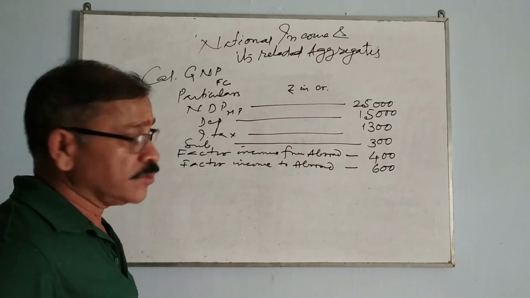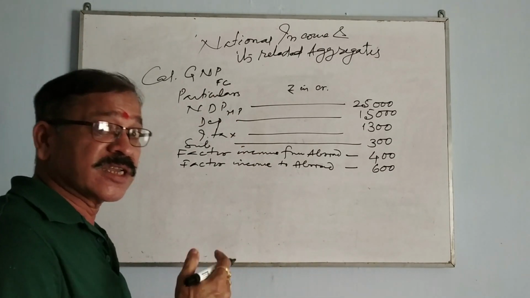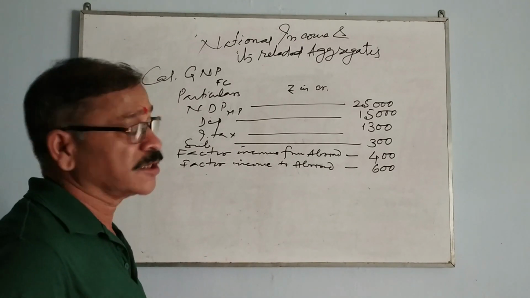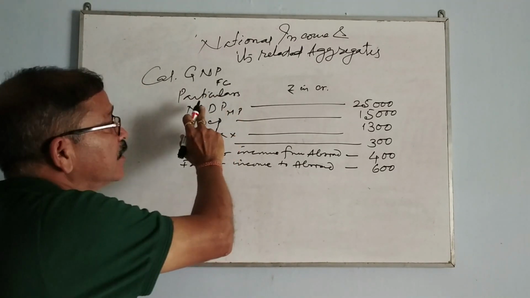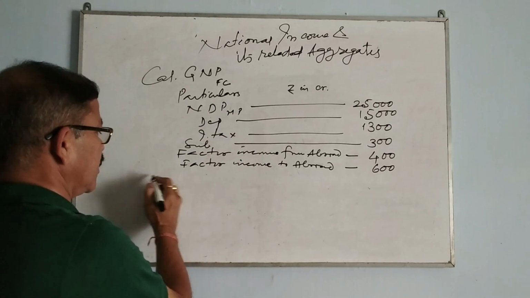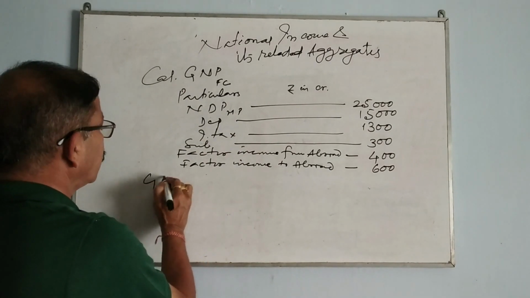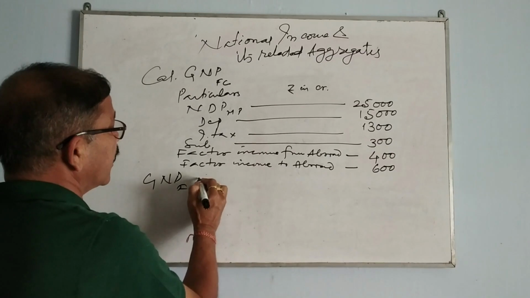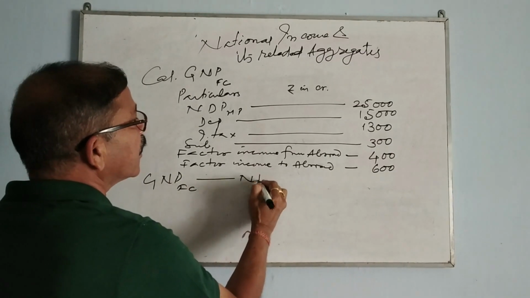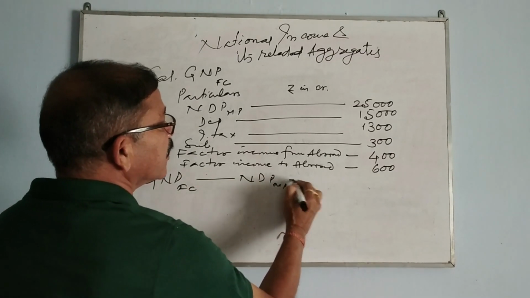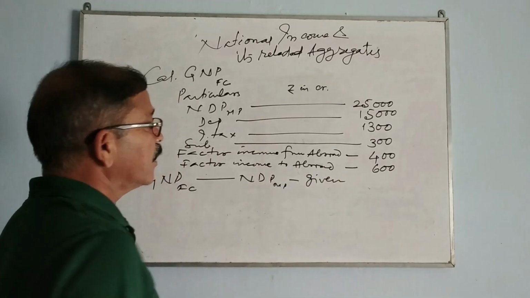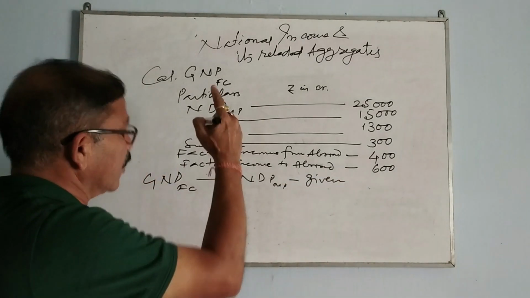And as I told you, you have to find out the nearest aggregate from the given particulars. So what is the nearest aggregate here? Nearest aggregate is NDPMP. So you have to find out GNPFC and your nearest aggregate is NDPMP. That means it is given.